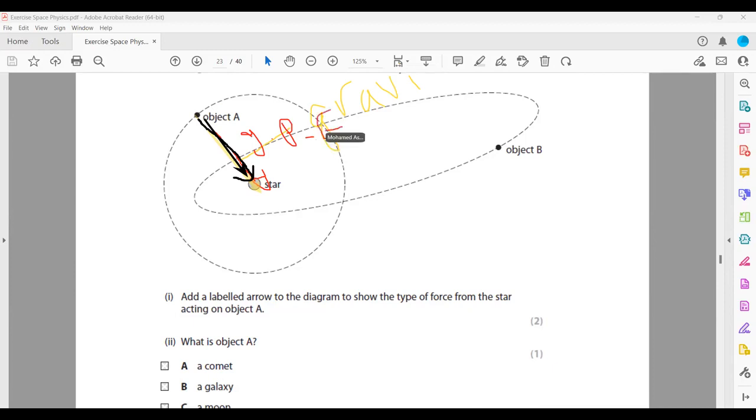That is gravitational force. You can say gravitational pull.